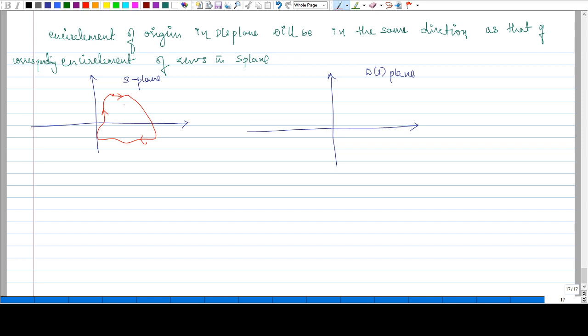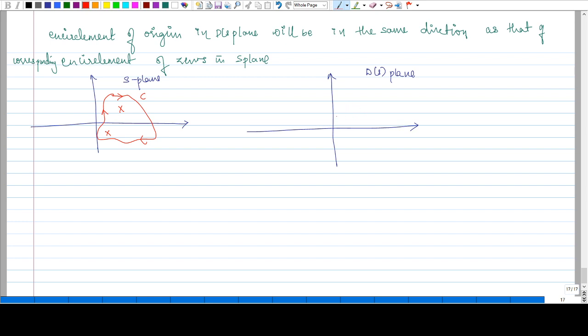This contour C in the S plane is encircling or enclosing two poles. There are two poles. Now the D plane, in the D of S plane, when you map the C contour to the D of S plane, you will have a D contour.